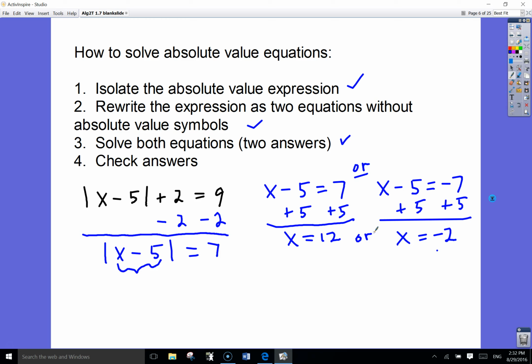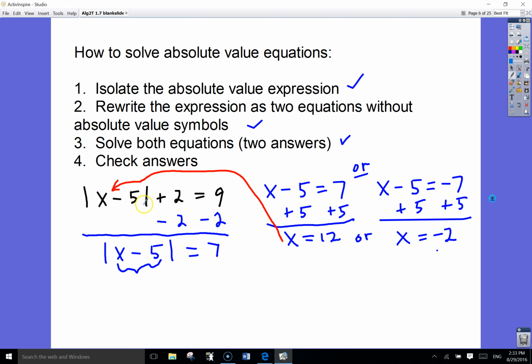Now checking the answers. What does it mean to check your answers? That means you're going to take these and plug them in here, and you're going to see whether that leads to a true statement. If it does, then it's correct. So without having to rewrite it, let me just talk through this. 12 minus 5 is 7.